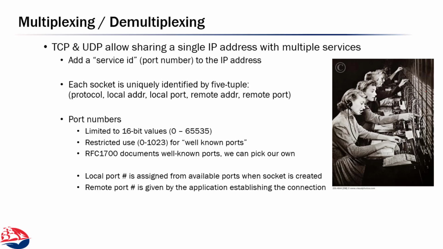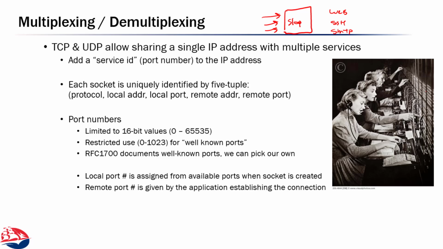For example, we have a server in our department named Sloop. Sloop has one IP address, and it can have a bunch of different servers coming in. It could run a web server, it runs SSH, it might run mail, so that's SMTP.